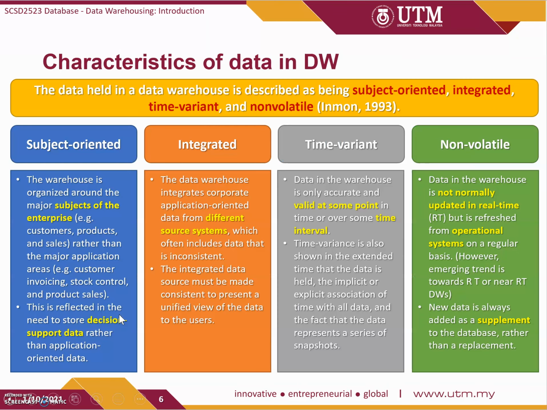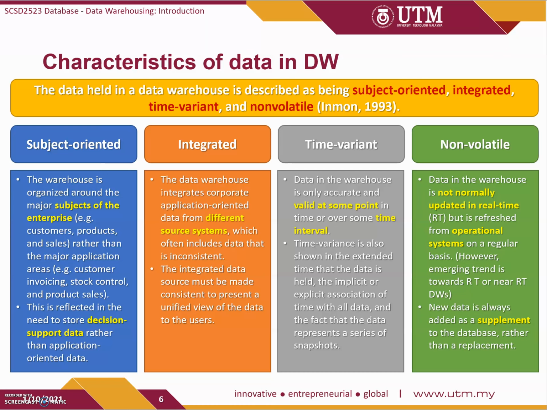Next we go to the characteristics of data in the data warehouse. As Inmon mentioned, the data held in the data warehouse is described as subject-oriented, integrated, time-variant, and also non-volatile. So these are the characteristics of your data in a data warehouse. Firstly, subject-oriented.